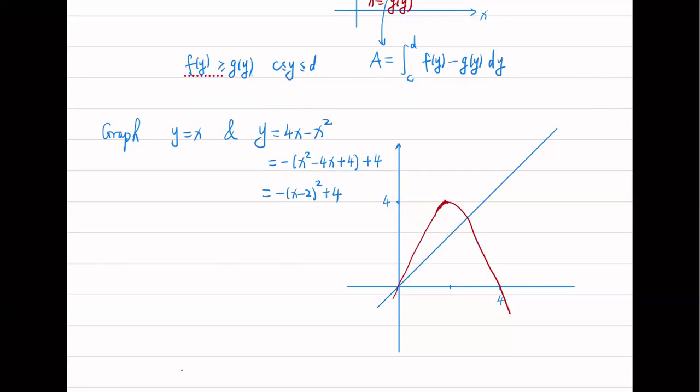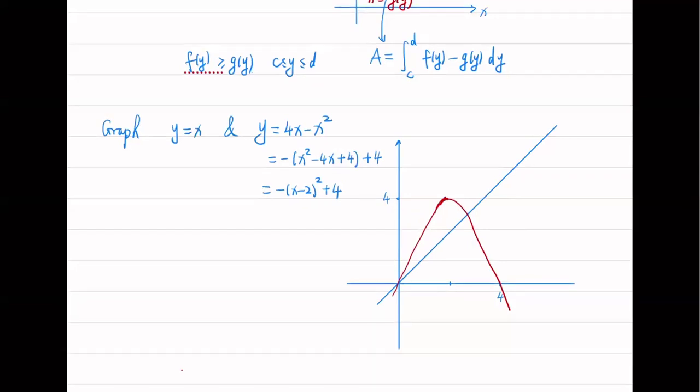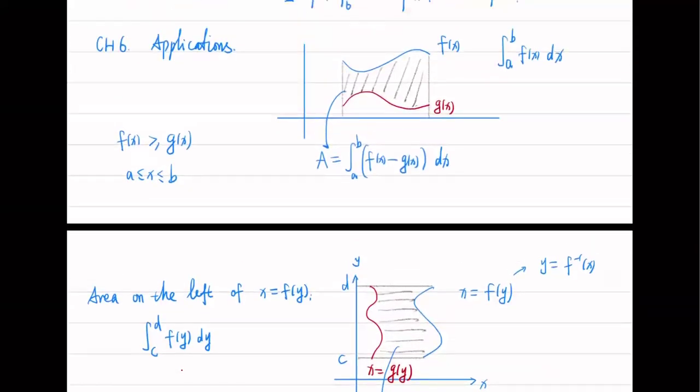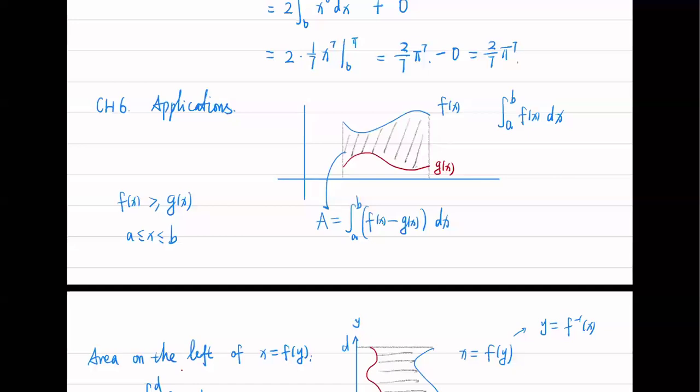Now if we look at the picture, we see a region enclosed by the two graphs. How do we find this area? We want to apply one of the formulas. This one seems appropriate. To apply it, we need to find a and b, where we start and where we finish.